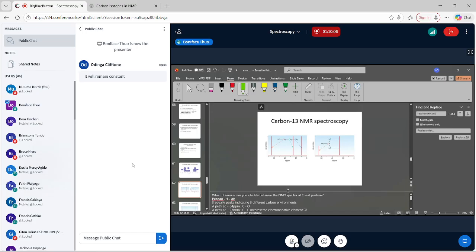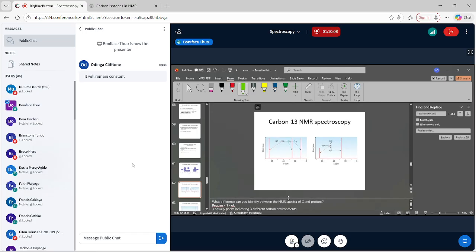So let's see how we now use the carbon-13 spectrum. Any peak that you find in a spectrum is going to be specific for each chemical environment of the carbon.